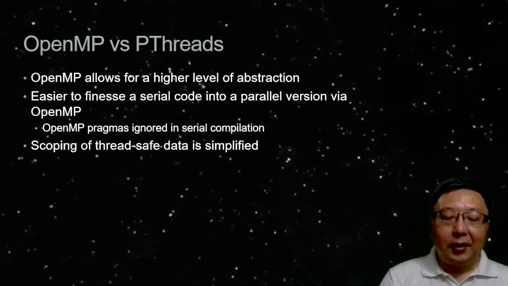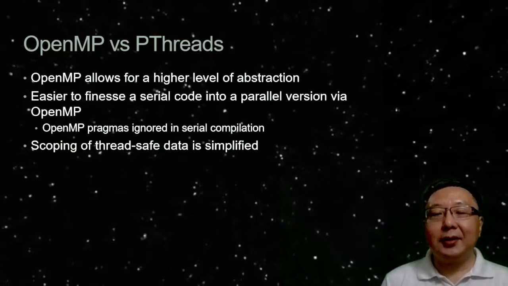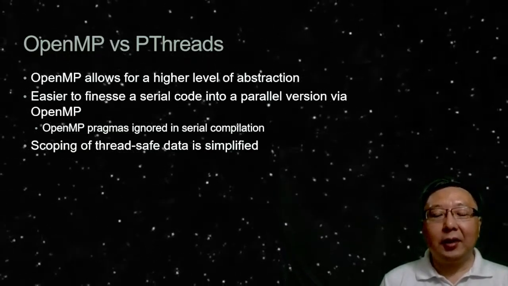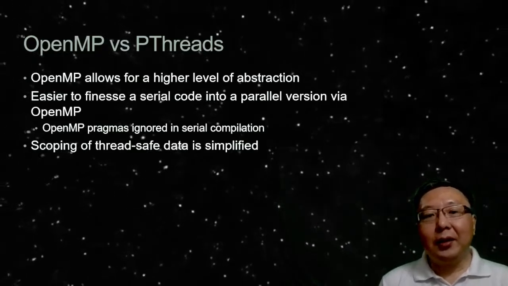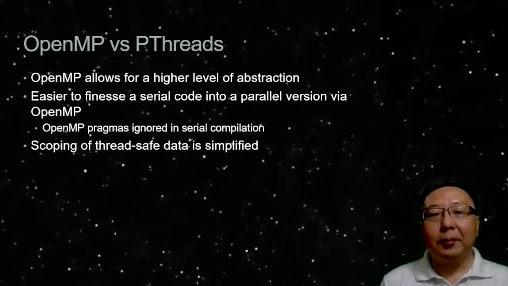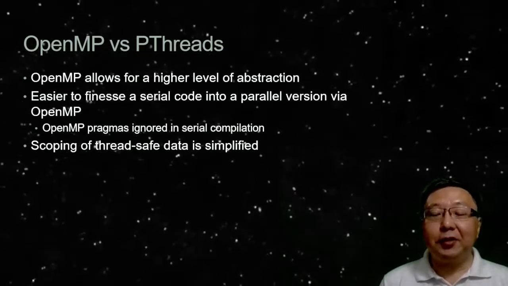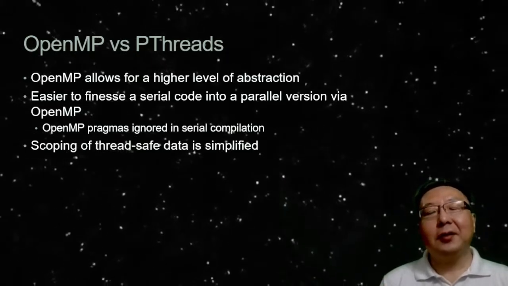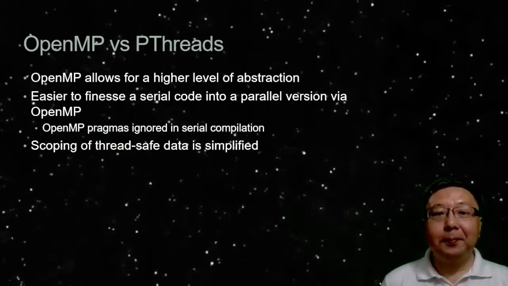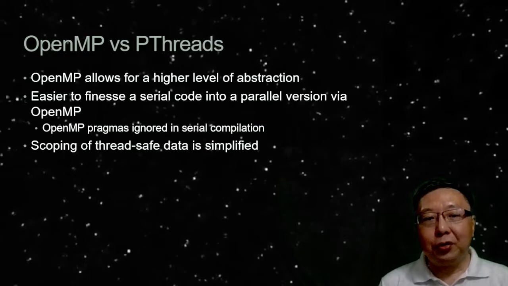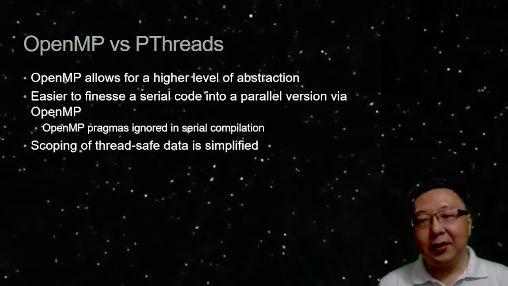Now, there is another thing called pthreads, which is another standardized shared memory parallelization system, and that one is at a lower level of abstraction. It gives you more detailed control, but it also means that it's harder to use because it gives you greater detail control.